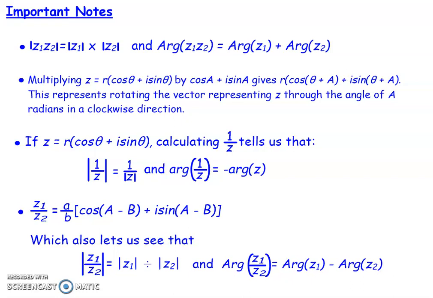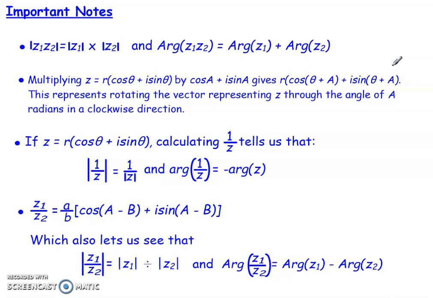Second key thing to note is if we take the complex number z equals r cos theta plus r i sine theta and we multiply that by cos a plus i sine a, this will give us something in the format r bracket cos theta plus a plus i sine theta plus a. Now what this represents is taking the vector representation of z, so from the origin to the point, and rotating it by the angle of a in radians within our plane.